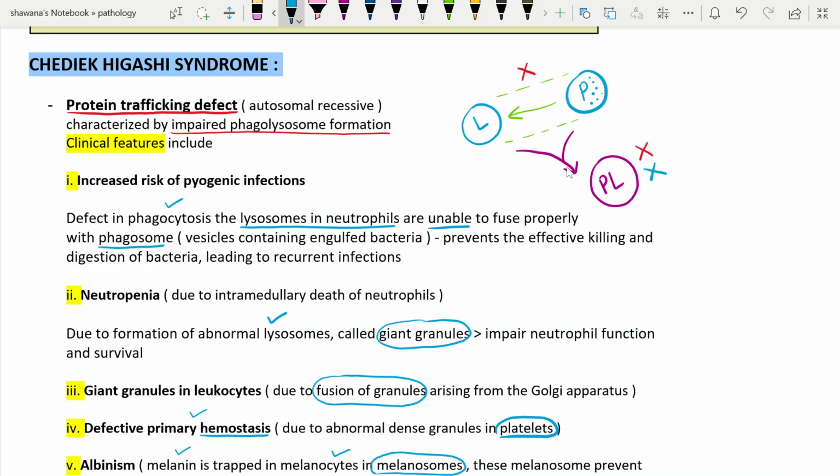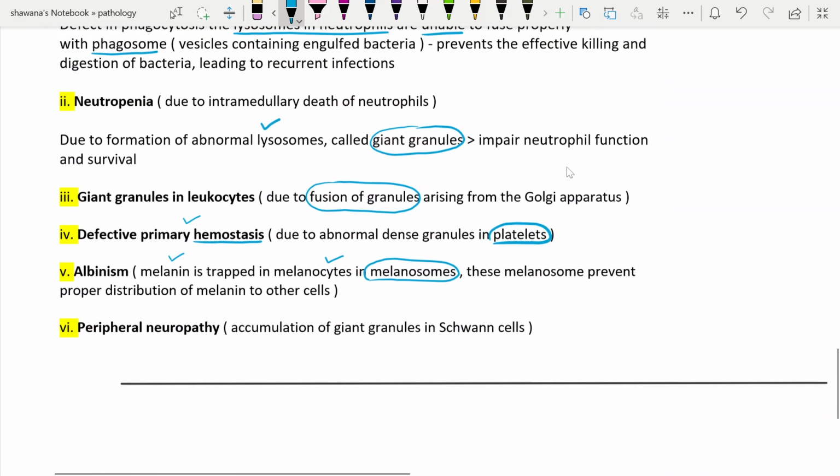Basically, Chediak-Higashi syndrome is a protein trafficking defect. It means that trafficking is blocked inside the cell, so materials cannot be transported or received properly. Melanin gets trapped inside the melanosomes in the melanocyte, and the melanocytes cannot transfer that melanin to other cells, so there will be clinical symptoms of albinism as well.